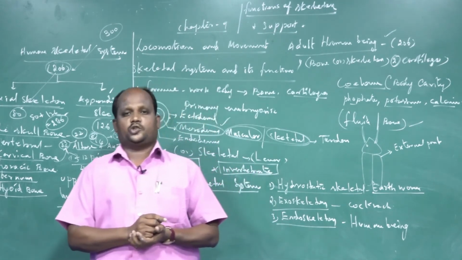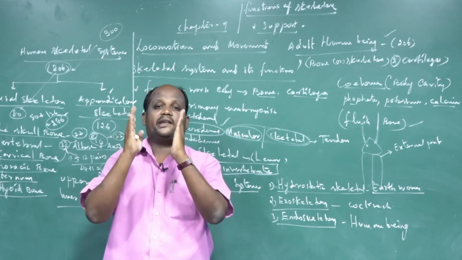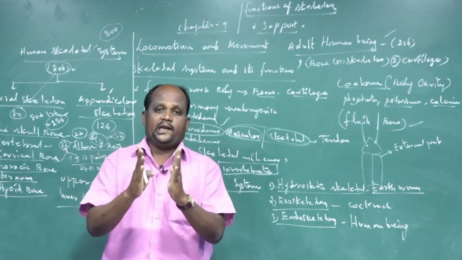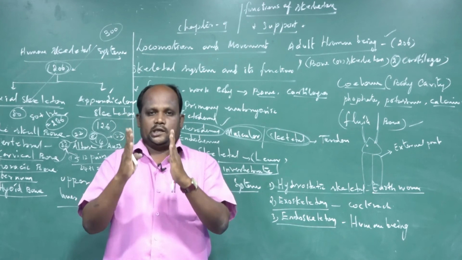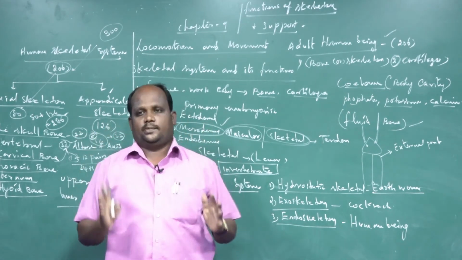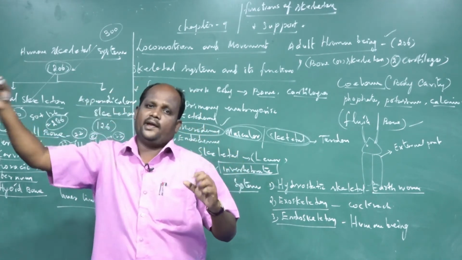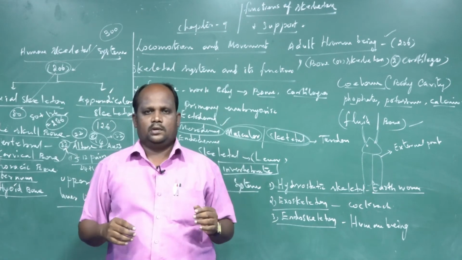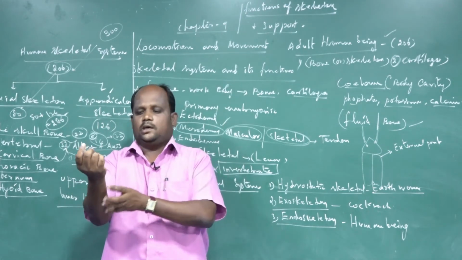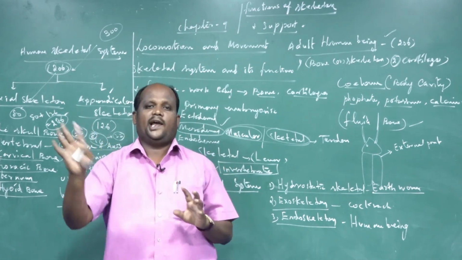And the shape also. Each body part and organ system, hand, leg, has a particular shape designed by the skeletal system, I mean the bones. Without bone, you cannot get a proper structure. If a bone is removed from the head, what will happen? The head will collapse. If the bones are removed from your hands, what happens? The hands will collapse.